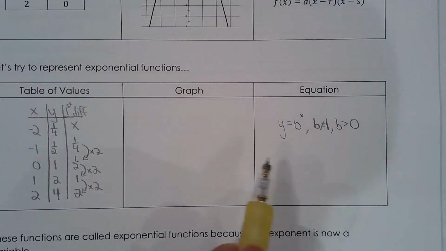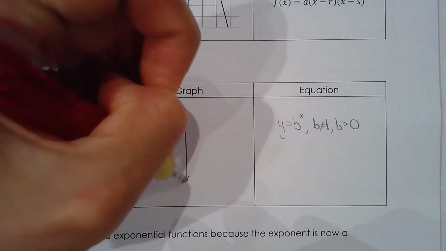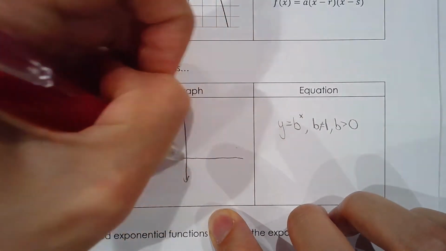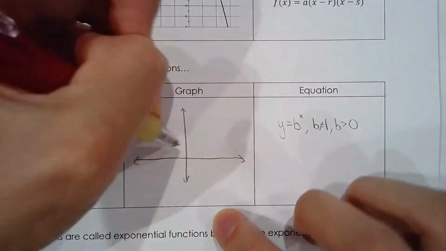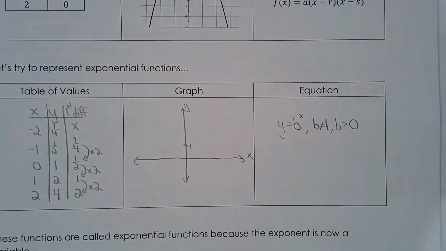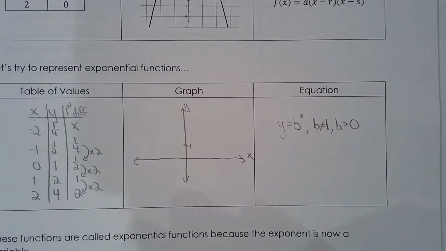So there are actually two types of exponential relationships. I'm going to draw out the two graphs, the two possible scenarios. All right, so let's do the first one.